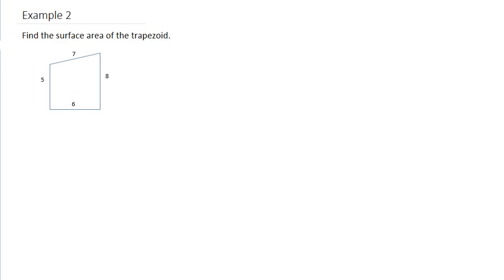Example 2. Find the surface area of the trapezoid. Now, remember our formula is equal to 1/2 times our height times our two bases, so a plus b, that are added together. Our height is when it meets our two bases and forms right angles.